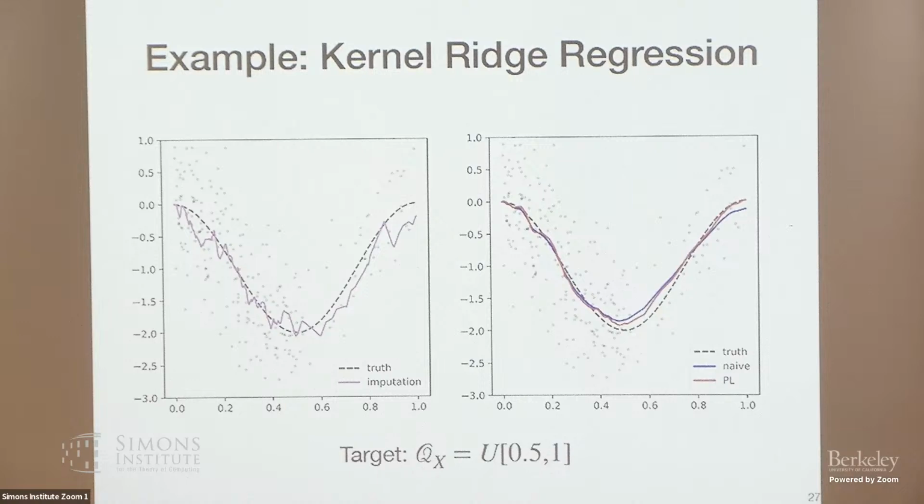Since I focus on the performance on the right, where your source data is scarce, you see this naive method performs worse than the pseudo-labeling idea. So it's a very interesting observation that the very noisy pseudo-labels are not good to use directly, but they're useful for model selection.